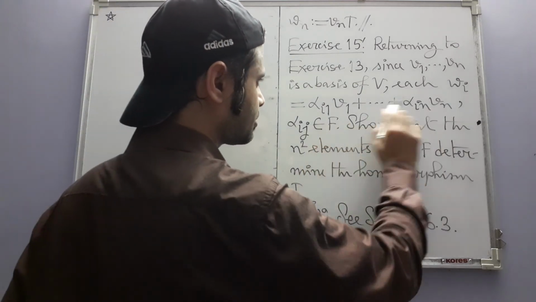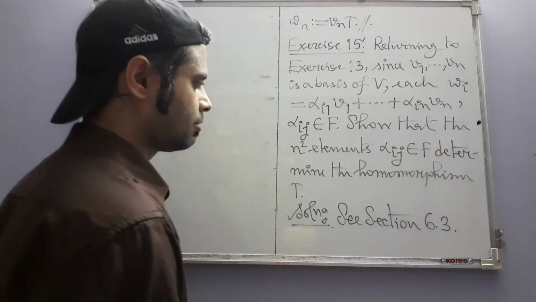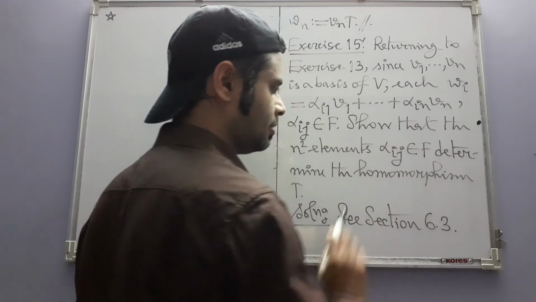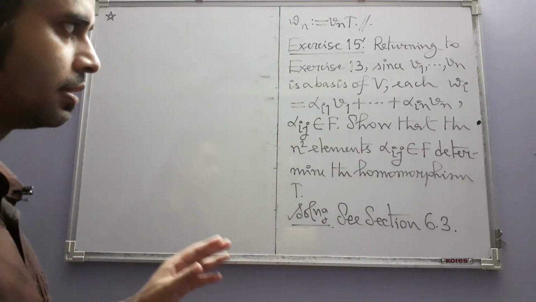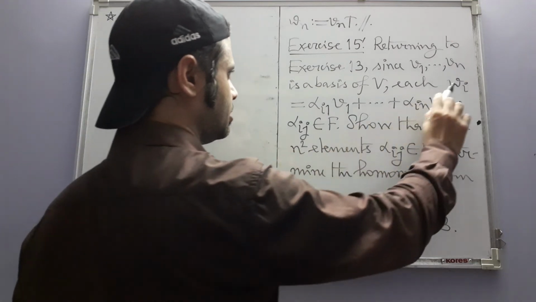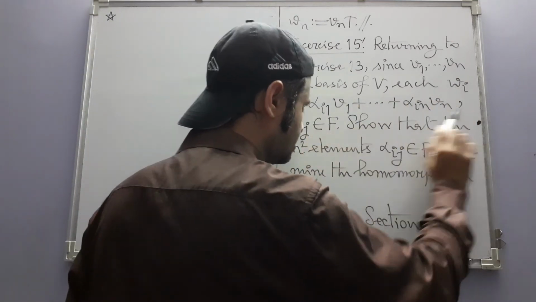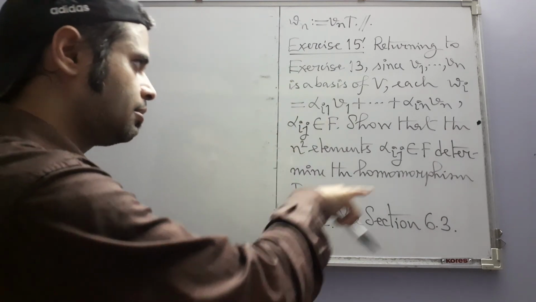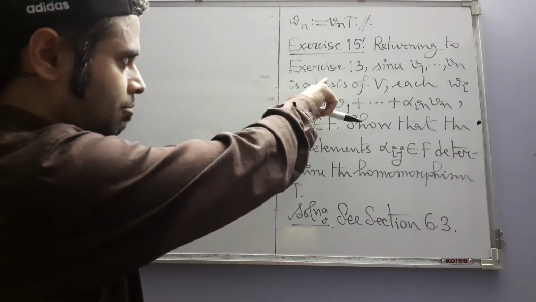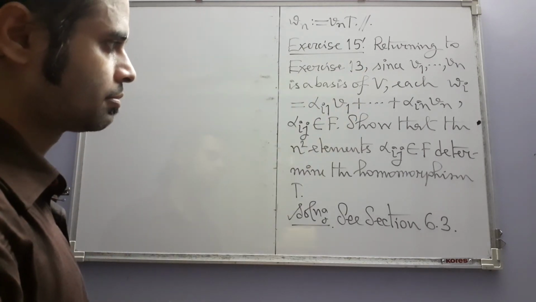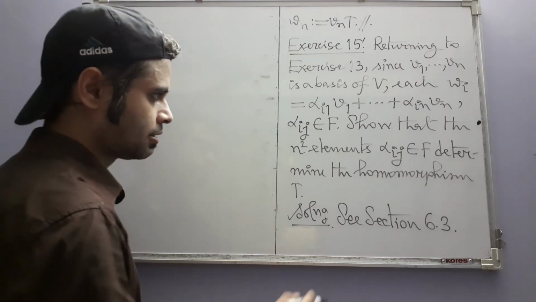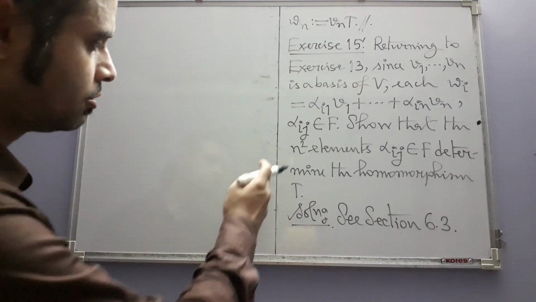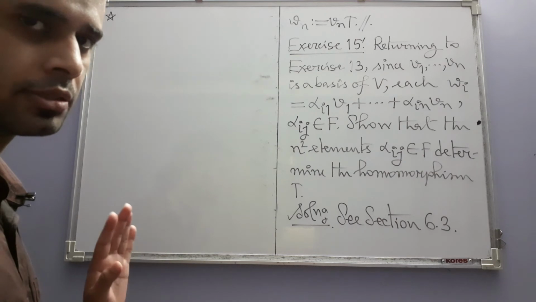So linear independence of the vi's makes sure that these alpha i's are unique. But if some n square scalars are given in F, and one defines these wi's in this manner, then using those wi's you can define a function T just like what we did in exercise 13. And this association tells us that these alpha i's are what we need to define T completely. That's what this exercise means.